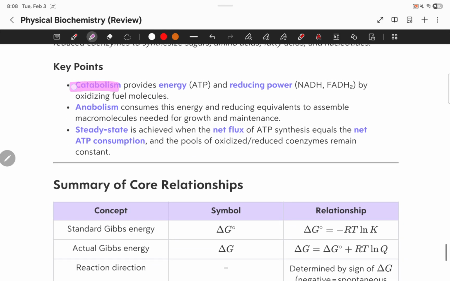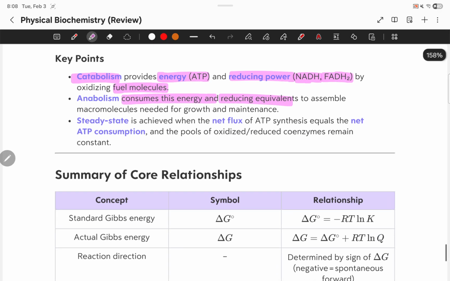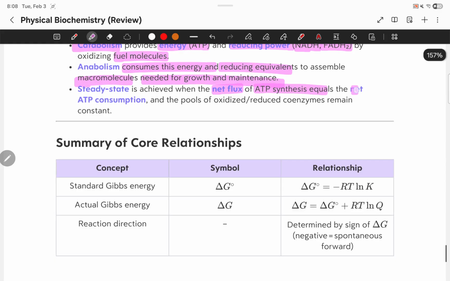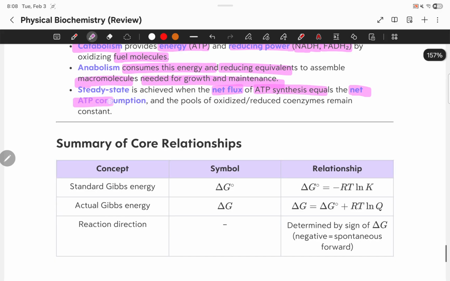Catabolism provides energy, ATP, and reducing power, NADH and FADH2, by oxidizing fuel molecules. Anabolism consumes energy and reducing equivalents to assemble macromolecules needed for growth and maintenance. Steady state is achieved when the net flux of ATP synthesis equals the net ATP consumption, and the pools of oxidized and reduced coenzymes remain constant.